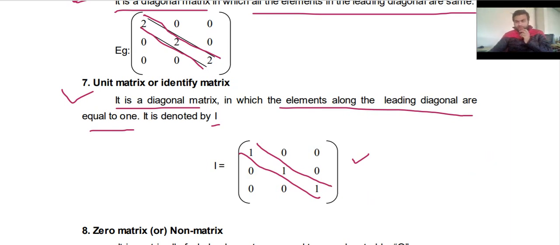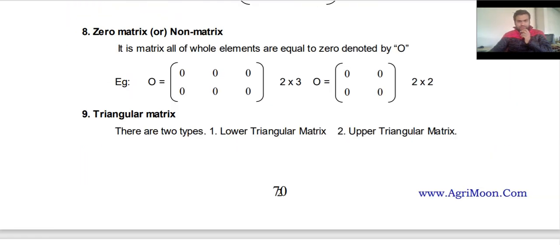Okay. Next is the zero matrix, or it is also called the null matrix. A matrix in which all the elements are equal to 0 is called a zero matrix or null matrix, and it is denoted by a capital letter O. You can see here all the elements are 0 and here also all the elements are 0.